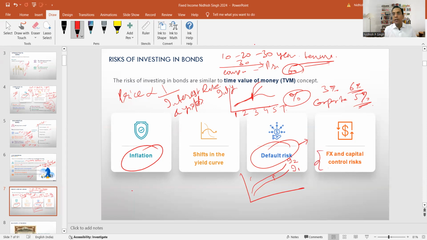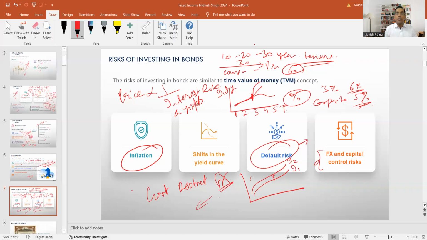transactions. And finally, the FX and capital control risk as well. A government might restrict the FX movement out of the country, or there could be some restriction on how much foreign currency can go outside the country, or we can buy. In those cases, the buying and selling of the bond can be a problem.